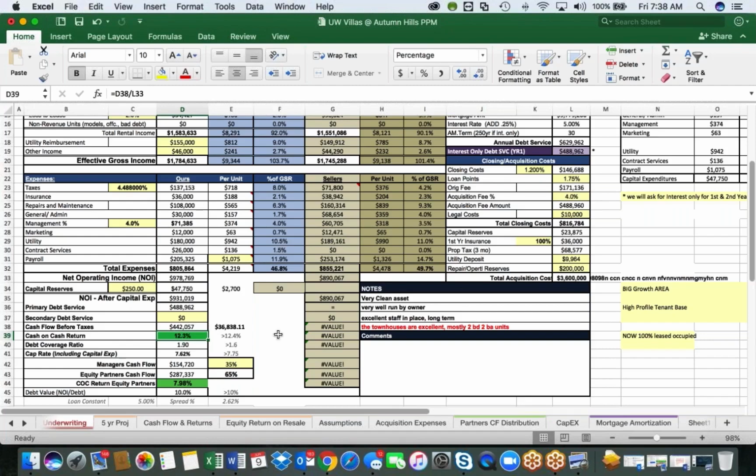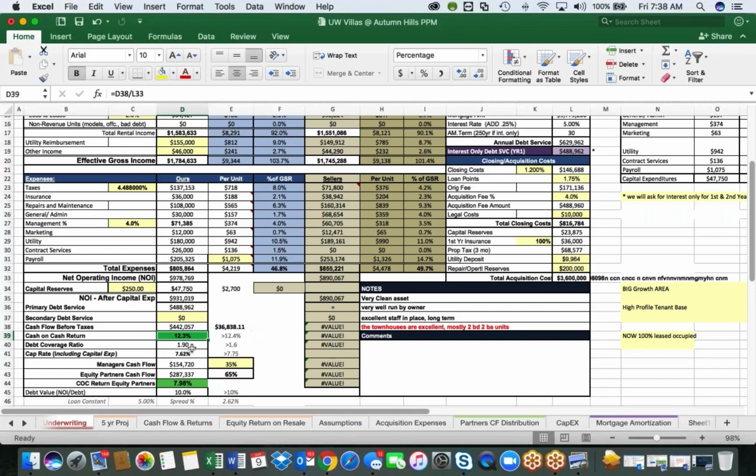So usually we look for higher than 12% cash on cash to syndicate any deal, because you want to give maybe 8.5% preferred rate to Class A members, and then the rest, 4%, is for the manager. So we give them more and we take less, definitely.